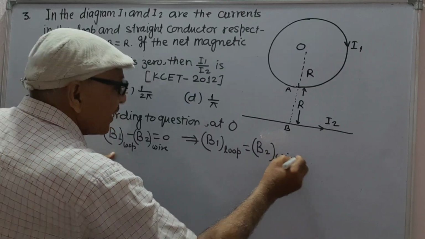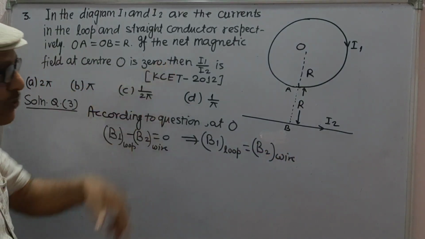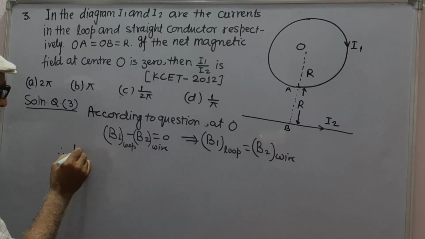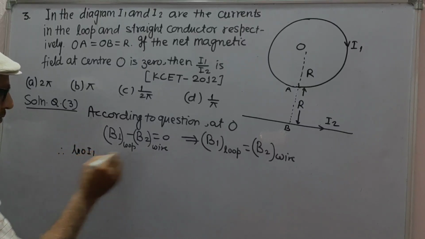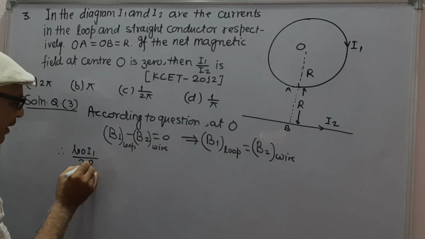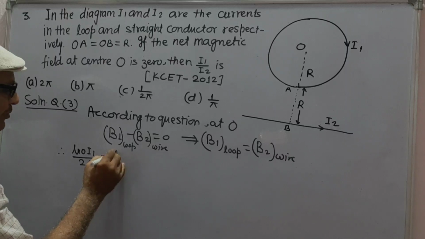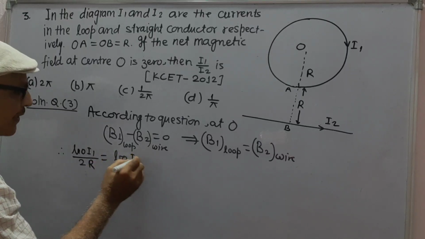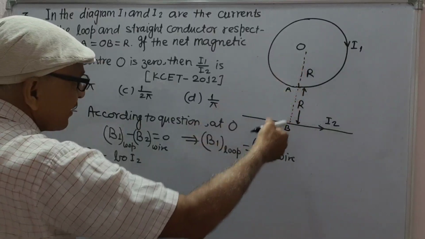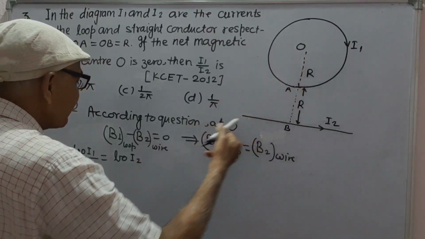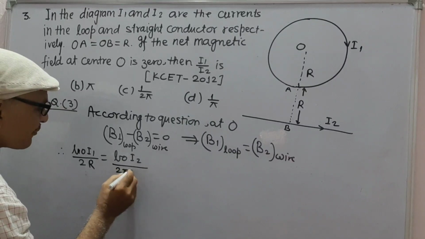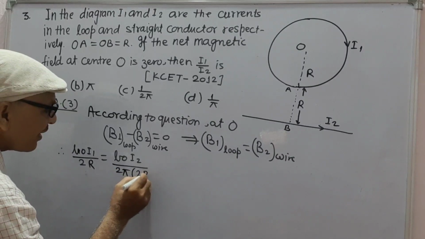We know the magnetic field due to a circular current loop is mu naught I upon 2 R. So mu naught I1 upon 2 into radius will be equal to mu naught I2, the magnetic field due to the wire at perpendicular distance R plus R, meaning 2R, which is mu naught I2 upon 2 pi into 2R.